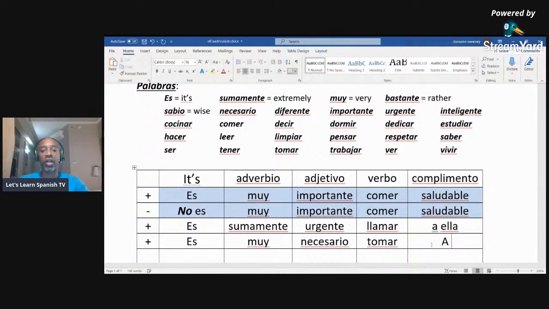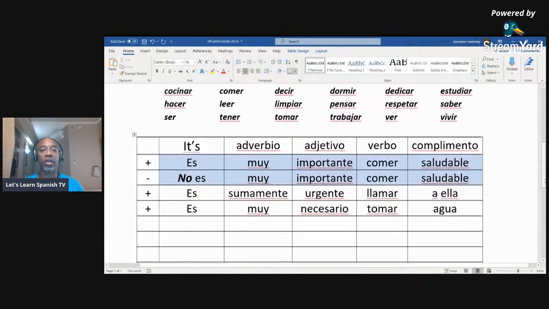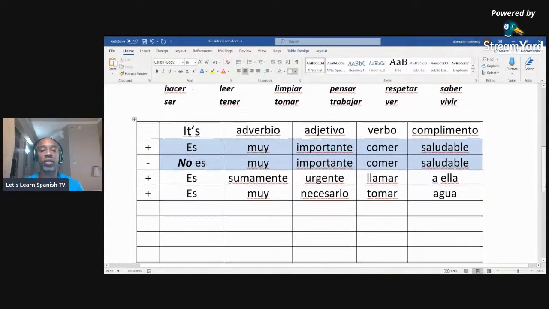Agua. How about that? Then we have, es muy necesario tomar agua. Tell me what that means. Es muy necesario tomar agua.